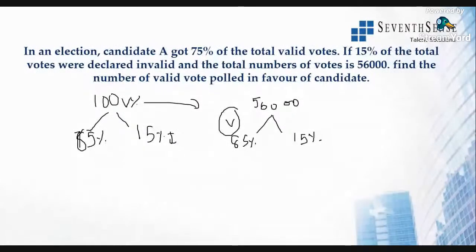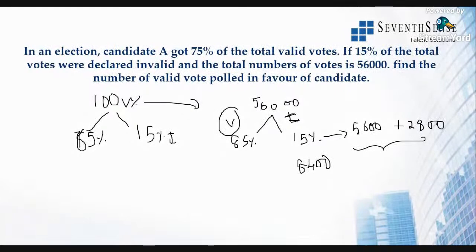Take out 15% because it is the lesser value. 15% is the invalid votes. 10% is 5,600, and 5% is 2,800. If you add these together, the total invalid votes were 8,400.